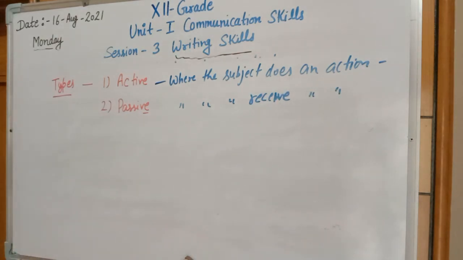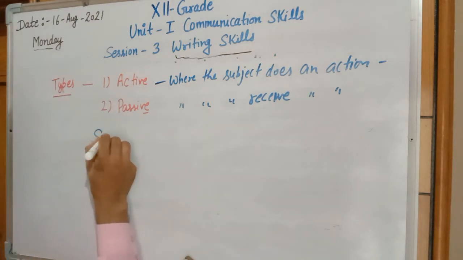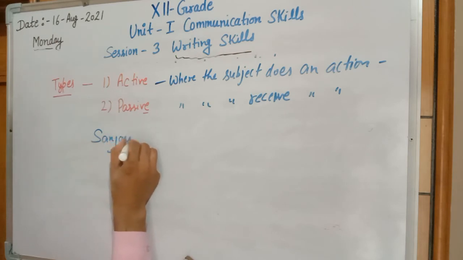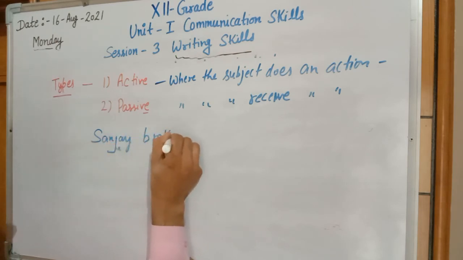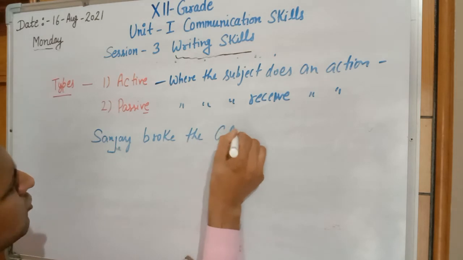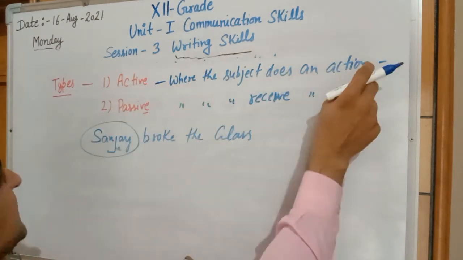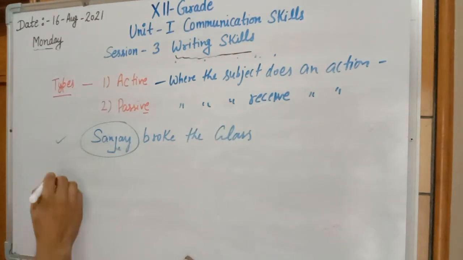Like take one example: Sanjay broke the glass. Who broke the glass? Sanjay. It means the subject does an action. So it is a type of active voice.